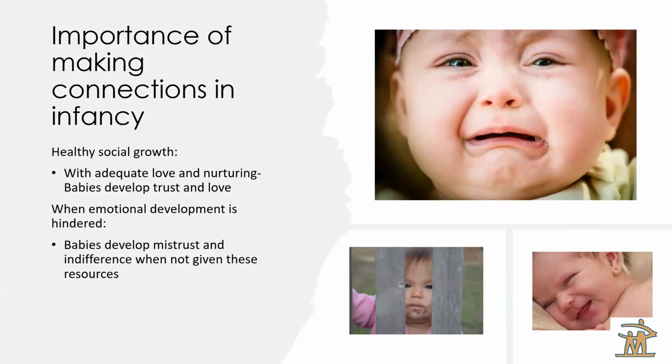It's very important to make connections in infancy. Healthy social growth happens when there is adequate love and nurturing. That is when babies develop trust and love. When emotional development is hindered, babies develop mistrust, indifference, when not given these resources.